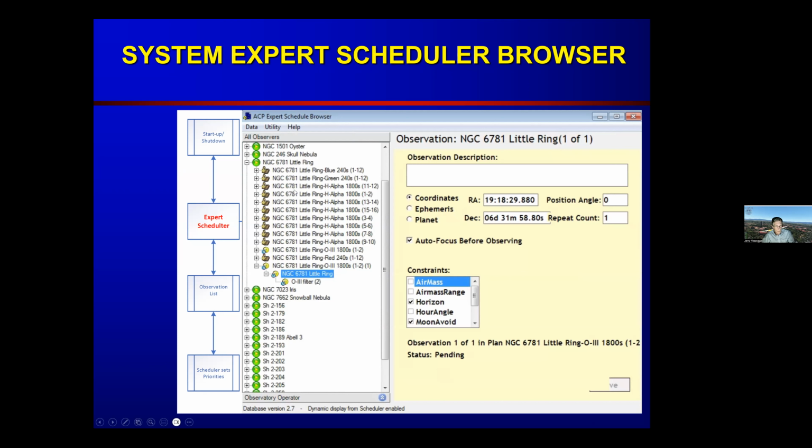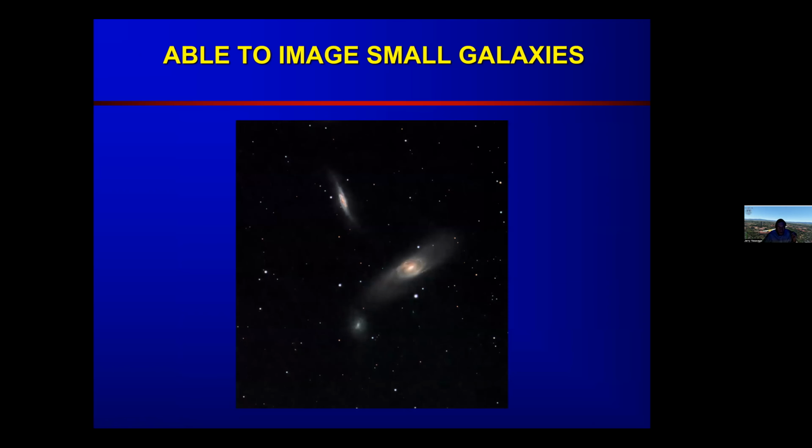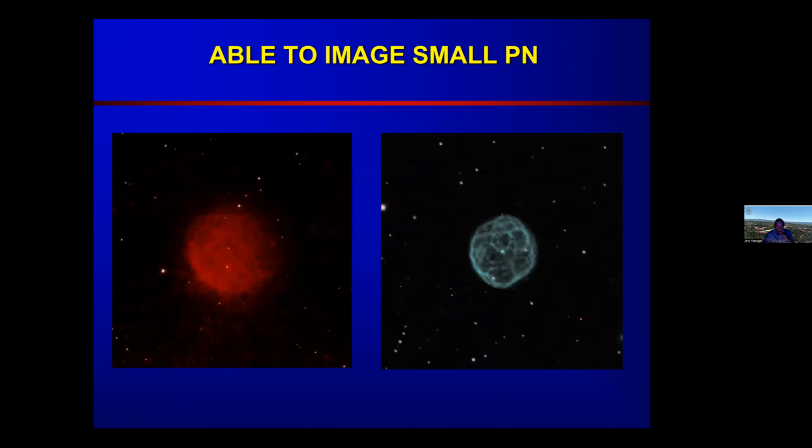So what we have then, blue, green, hydrogen alpha, so on. And then this has your air mass and other things going on here too. So you can set the horizon you want to use, moon avoid, and all the rest of that. So these are some of the pictures I've gotten with it. Not too bad. Some planetary nebula.